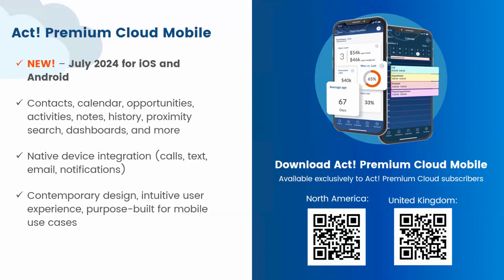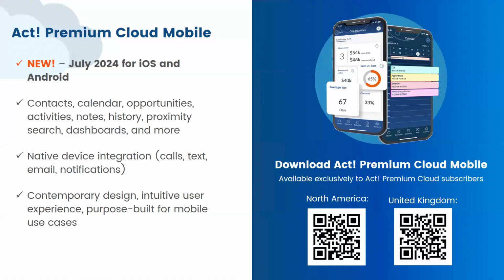This was purpose-built also for mobile use cases, meaning it's got just what you need, where you need it, and that way you can be extremely productive on the go. We didn't try to cram in every single feature under the stars where it doesn't belong in a mobile app.